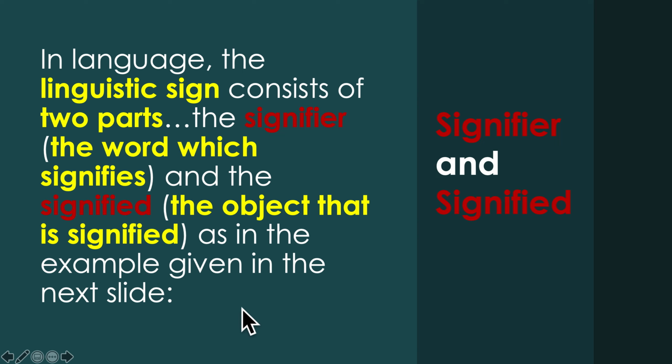Look, in language, the linguistic sign is divided into two parts. The first is the signifier, it refers to words, and the second is signified, it refers to the object. In the next slide, this concept will be much clearer to you. Signifier and signified. So move on.